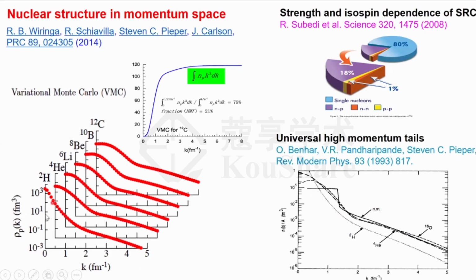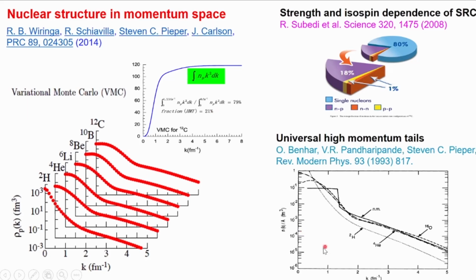Here you see the proton momentum distribution from deuteron to carbon-12. For carbon-12, for instance, the high momentum tail, calculated numerically, is about 21%. That's the strength of the high momentum tail.